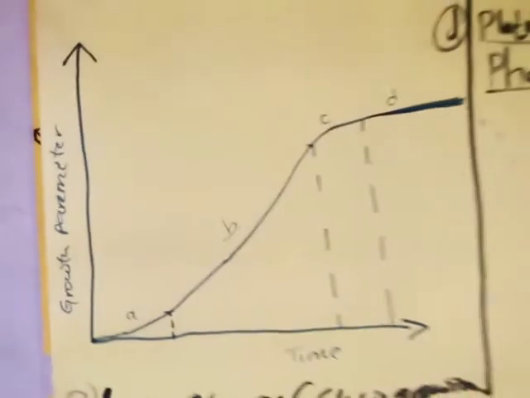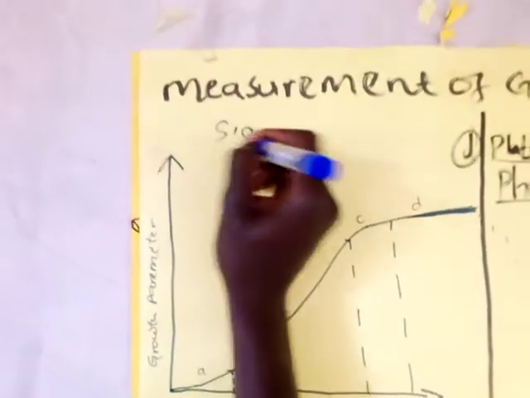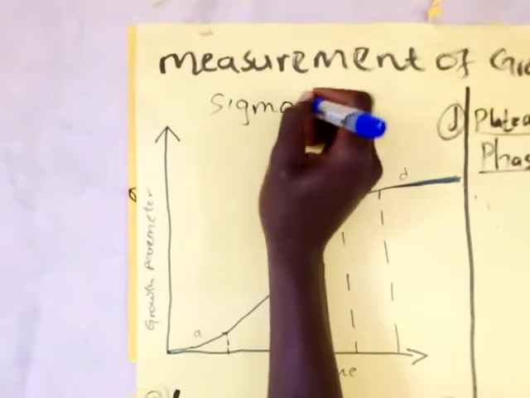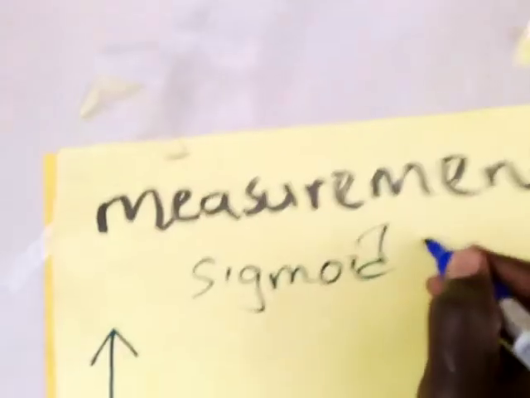So from today we've learned about 2 types of growth curves, and the first one we've mentioned is the sigmoid growth curve.